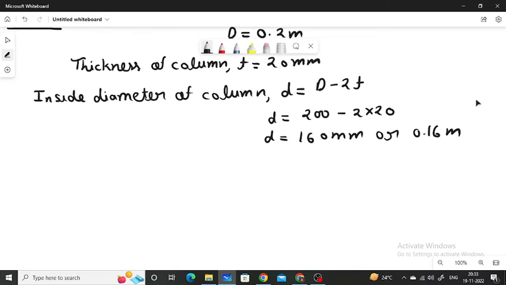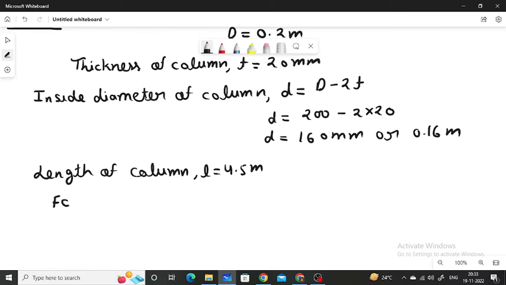Clear? Length of the column is 4.5 meter. And factor of safety has been given 4.